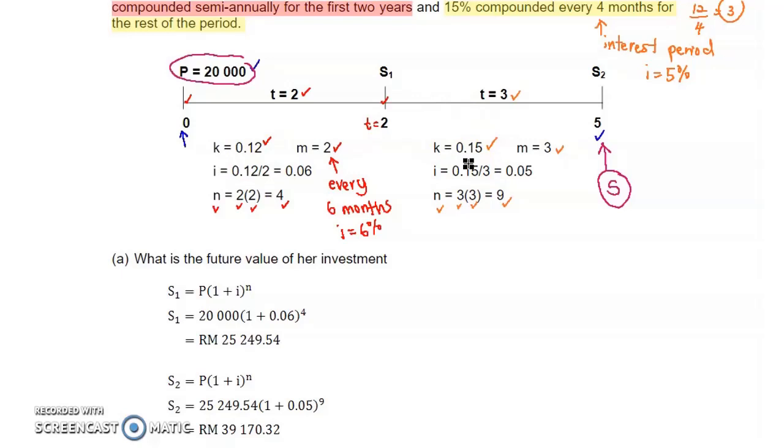So in this case, you need to calculate the future value at the end of 2 years first. Here I put it as S1. Why do you need to calculate value S1? Because after 2 years, the rate is different. So that's why you need to calculate the future value at the end of 2 years first.